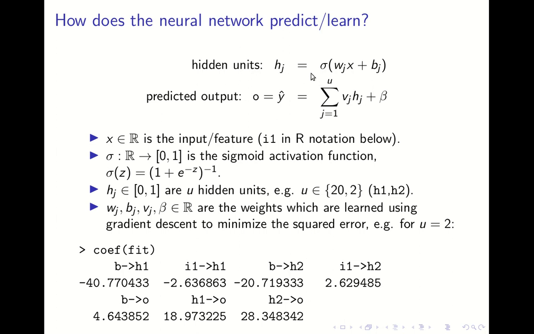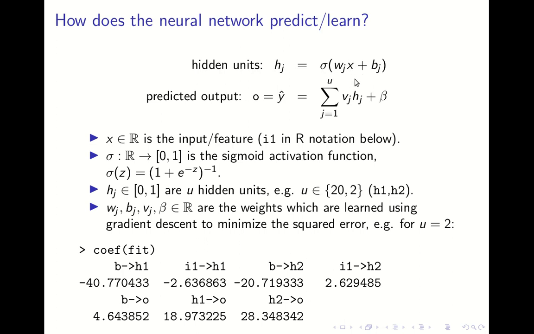To compute that value, we first multiply the input by a weight wj, and then add a bias or intercept term bj. Then we take that affine transformation and put it through this sigmoid activation function, which we have the equation for here. That's one of the standard activation functions that we use for neural networks. It takes a real number as input and outputs a number between 0 and 1. And that's the value of the hidden unit.